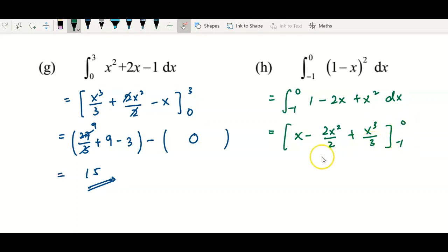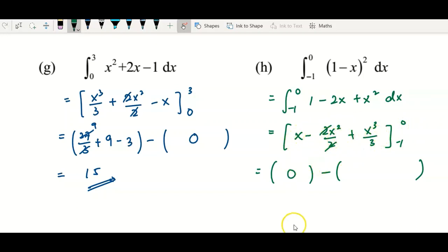Integrate from negative 1 to 0. After that, you need to simplify first before you substitute the limit. Here I need to substitute 0. I put a bracket for the substitution of 0, and a second bracket which is bigger, for the substitution of the negative 1. Because substituting 0, you got 0 minus 0 plus 0.